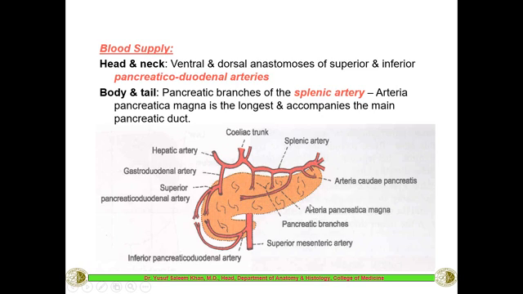So this is called as the Arteria pancreatica magna, which is the largest and longest artery, coming as a branch from the splenic artery, and it supplies major portion of the body, and it also accompanies the pancreatic duct.